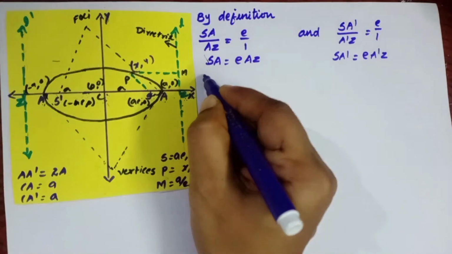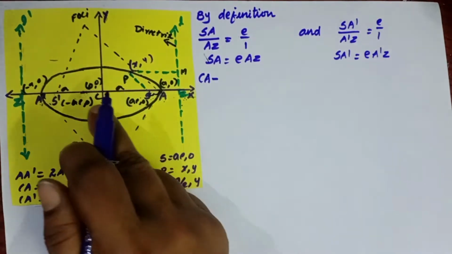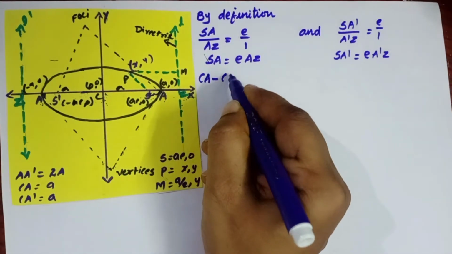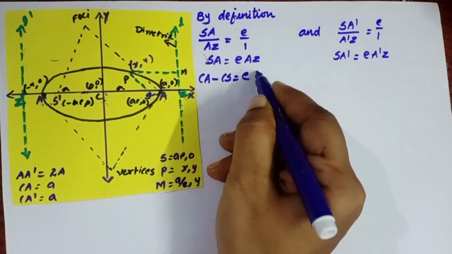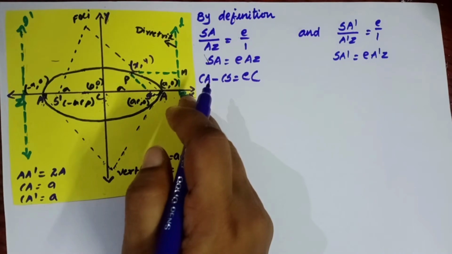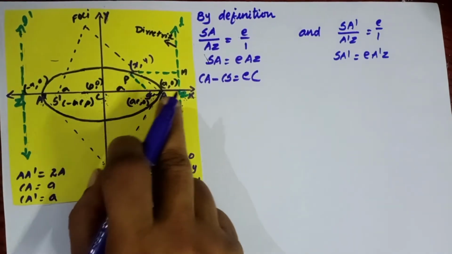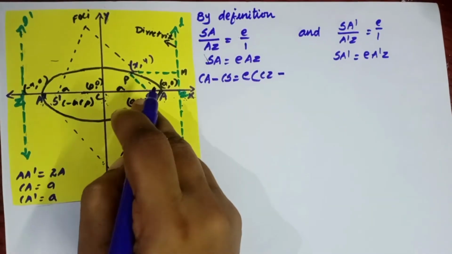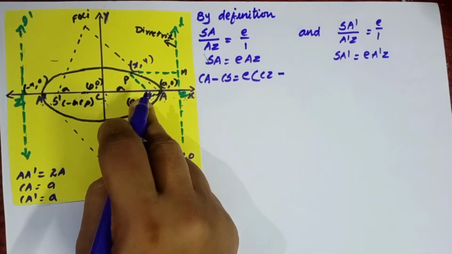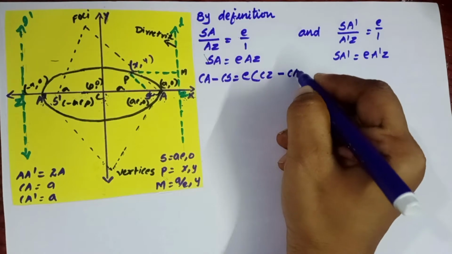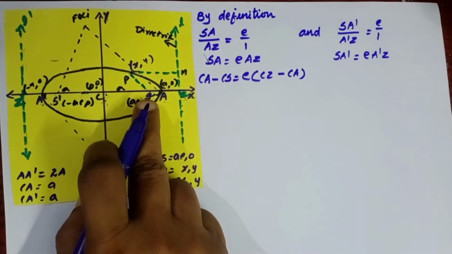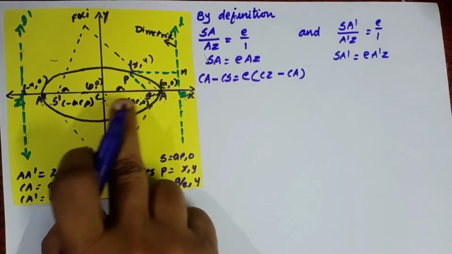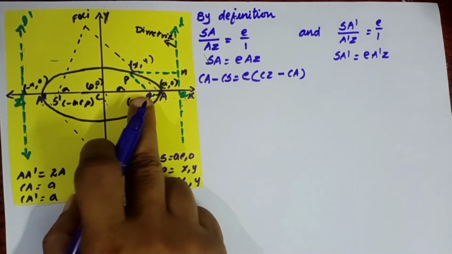CA minus CS, which is equal to E into, similarly AZ equal to total CZ minus CA. So see here, SA equal to CA minus CS.